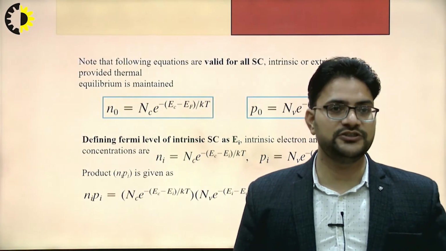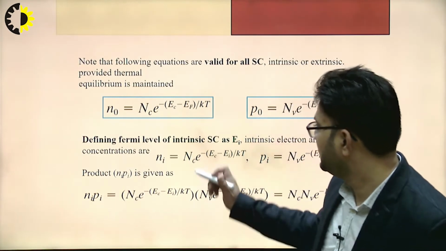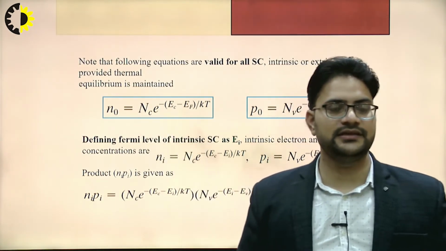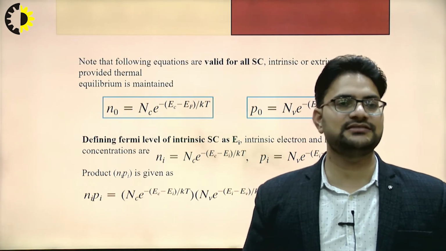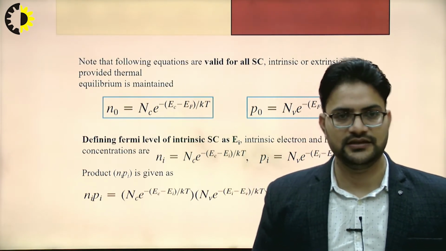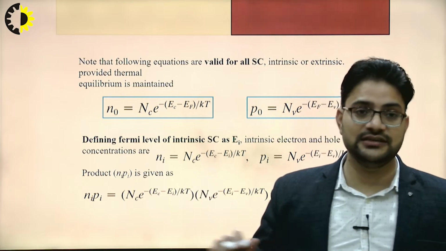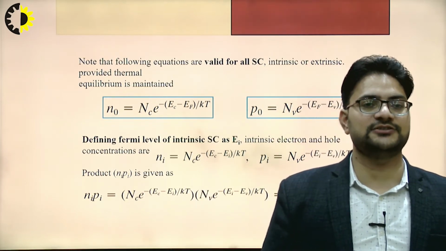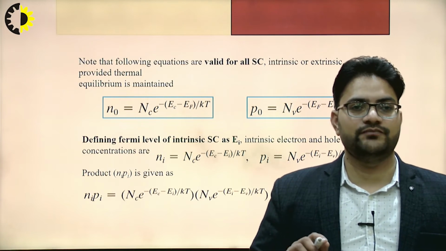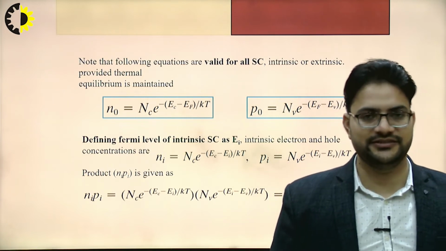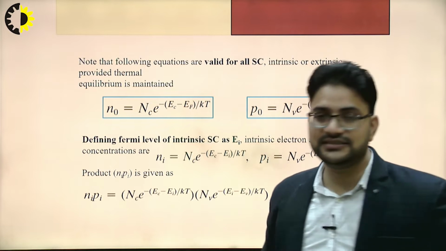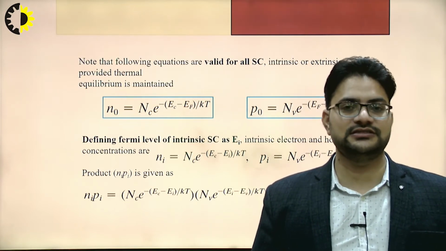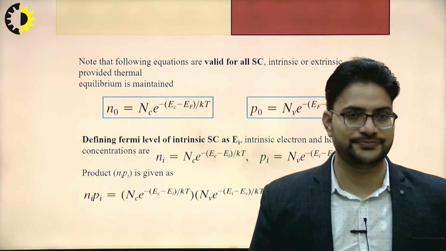Okay, which was computed as N naught is equal to Nc multiplied by exponential of minus Ec minus Ef divided by Kt, and P naught, that is the hole concentration, was given by Nv exponential of minus Ef minus Ev divided by Kt, where Ec denotes the conduction band energy level and Ef denotes the Fermi energy level, right?